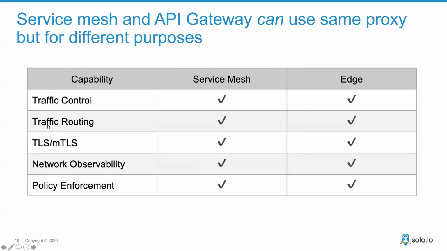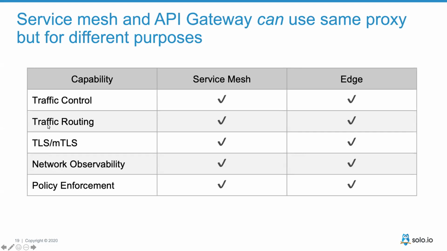But those are capabilities you need at the edge as well, in a gateway, right? So there is definitely overlap in these capabilities. And that's fine, right? In some cases, they are using the same technology. Like I said, Envoy ends up being sort of a foundational piece to a lot of these pieces of technology.